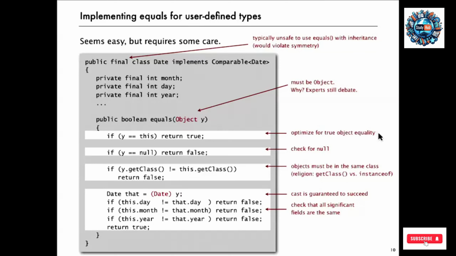If it happens that you're testing two references to the same object for equality, you might as well optimize and just test that. If y is a reference pointing to the same object as this object, just return true, because if you were to test the values, they'd have the same values anyway. That's a good optimization for lots of situations.